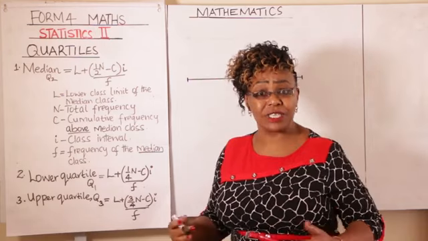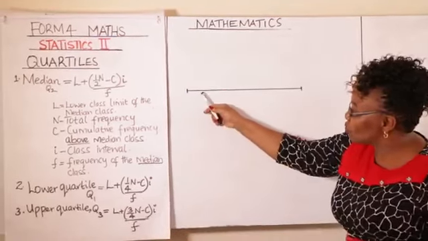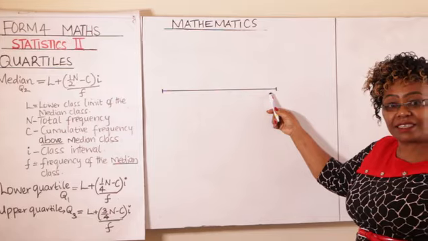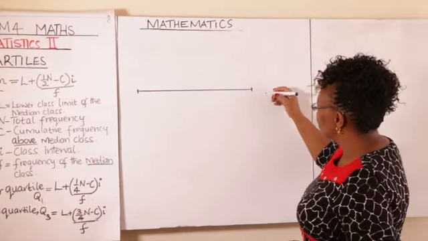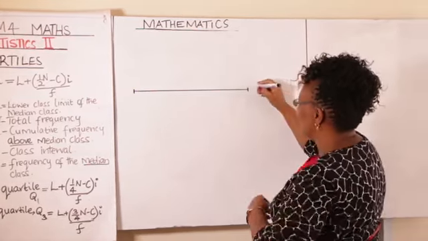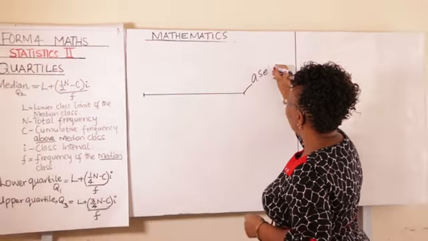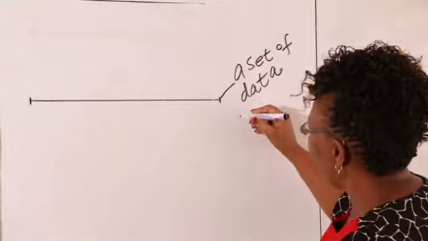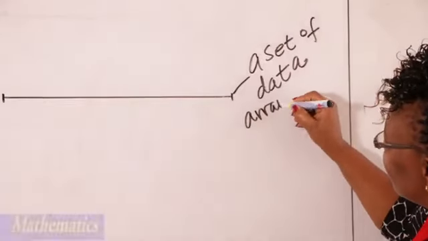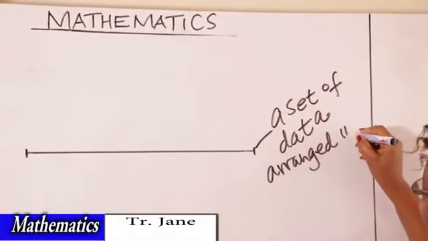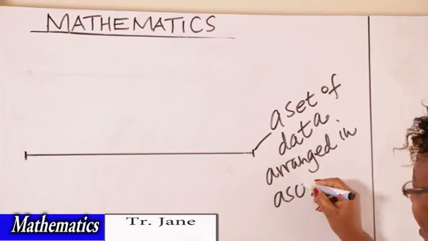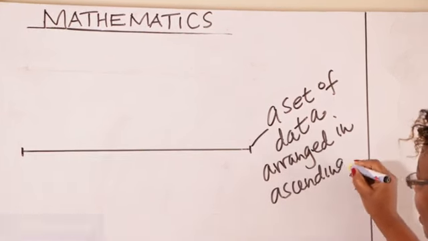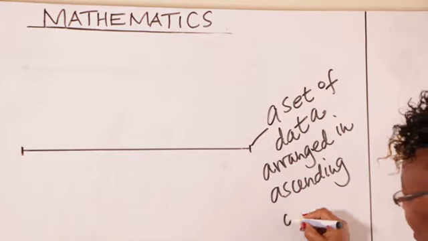So what are quartiles? Suppose we draw a line like this, and suppose we take this line to be a set of data arranged in ascending order, from the smallest to the largest.